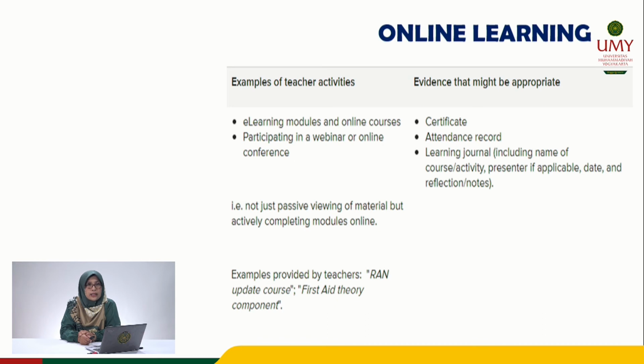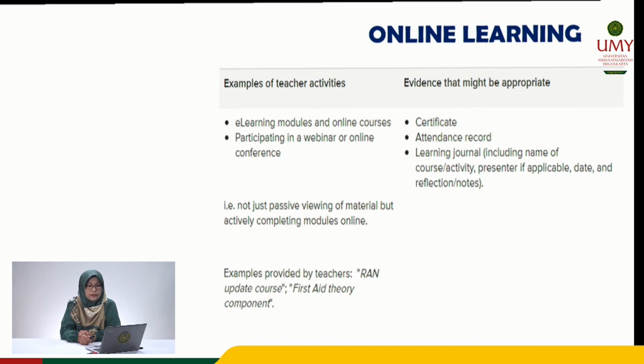So online learning is not just passive viewing of material, but actively completing modules online. And now, since the cause of COVID-19, there are so many webinars that can be attended by lecturers in order to conduct online learning.